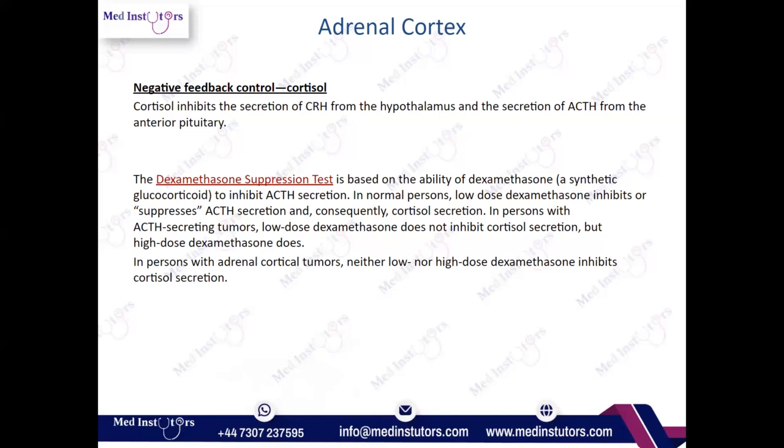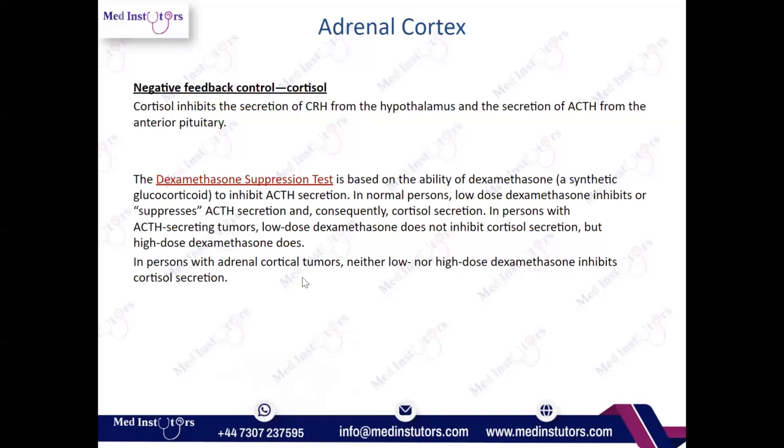That ACTH acts on the adrenal gland, particularly the zona fasciculata, to secrete cortisol. But once there's enough cortisol in the body, this cortisol sends negative feedback to inhibit the secretion of corticotropin releasing hormone from the hypothalamus. If that is inhibited, automatically there would be no more ACTH and no more cortisol. So this is your negative feedback mechanism.